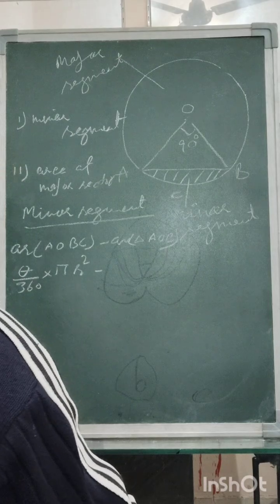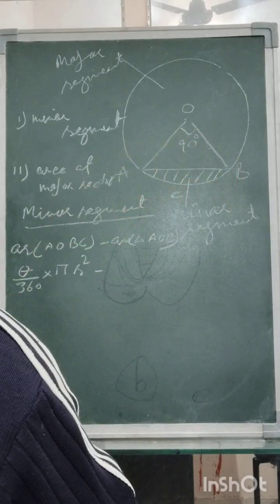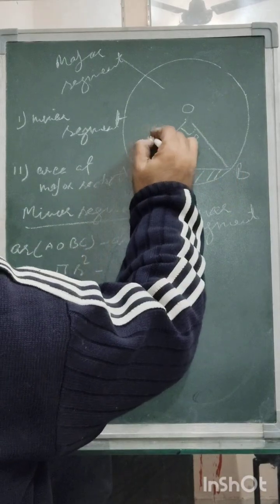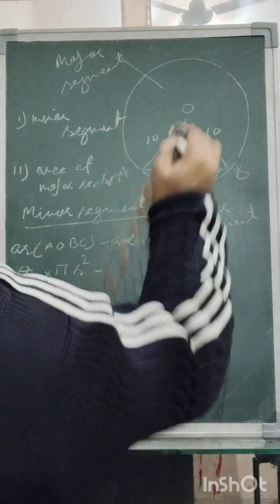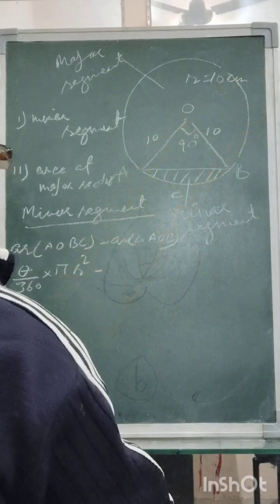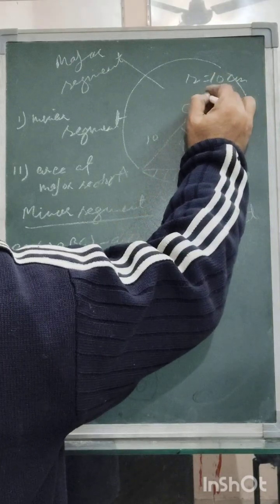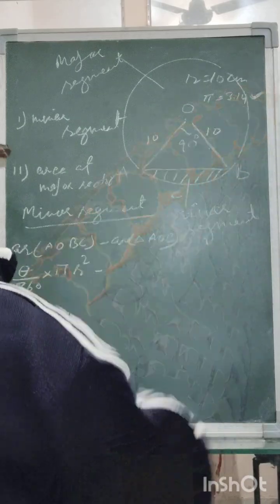So we have base and height, 10 centimeter each. Radius is given as 10 centimeter. And pi we have to take 3.14. This is given in the question.